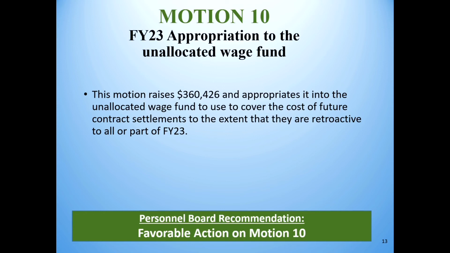All the people in contracts that aren't settled will be working without a contract at that point, and therefore, as these things tend to go, the retroactive contract will have expenses in this budget. So motion 10 allocates $360,426 to the unallocated wage budget as an estimate of what the town assumes it'll cost to cover those contracts.